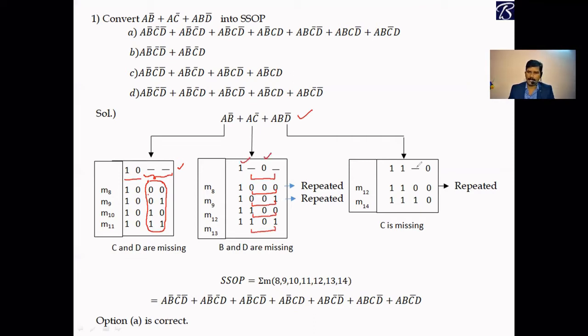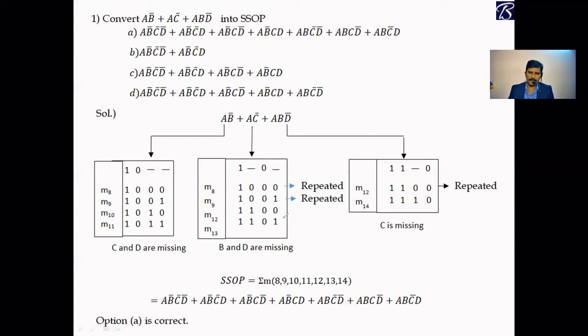Here also, the combinations are 0 and 1, and take 1, 1, 0 as same. Now write the minterms. This is 1, 0, 0, 0 indicates M8, 1, 0, 0, 1 that is M9, 1, 0, 1, 0 M10, M11. Here 1, 0, 0, M8, M9, M12, and M13. Here 1, 1, 0, 0 means M12. 1, 1, 1, 0 means M14.